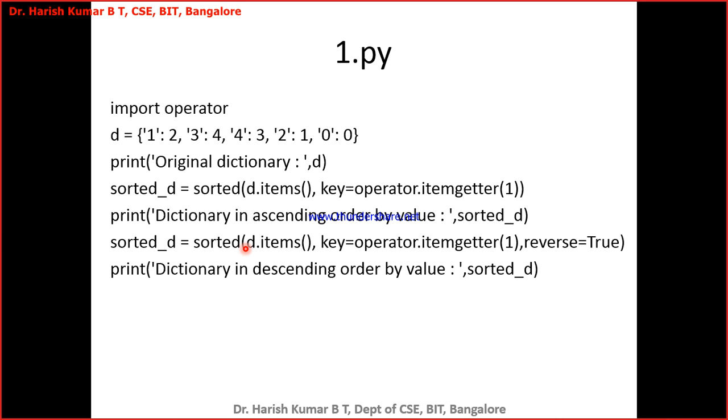Again the same function I call, sorted. I'm passing my key value pairs, and then key equal to operator.itemgetter of 1, again based on the value I need to sort, but not in ascending order now, in decreasing order. So now I have to make use of the third argument to sorted, that is reverse, and it is initialized to True. If I make reverse equal to True, it will sort them in decreasing order. Have people understood with this example how to use the method itemgetter, which is defined inside the module operator?